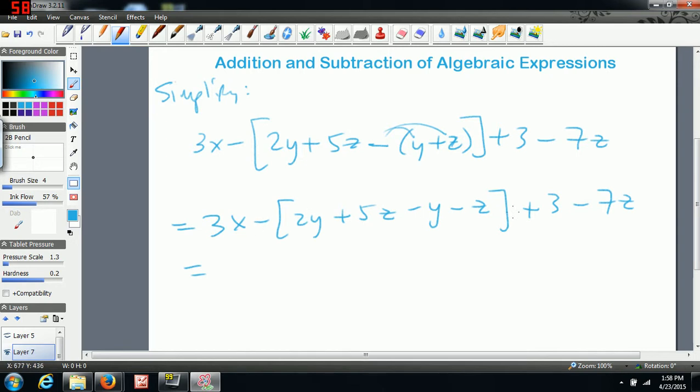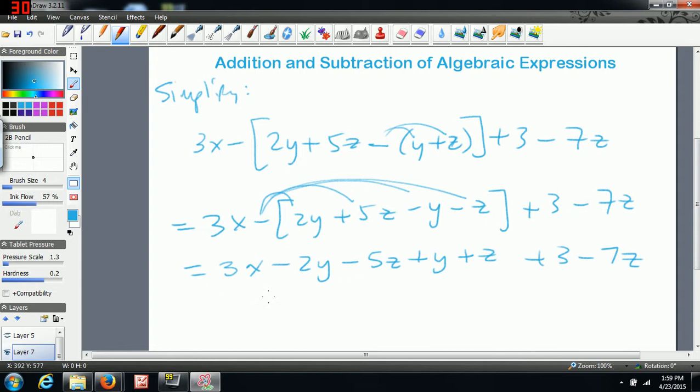If this were a positive, these would all be written in the exact same way, but because it's a negative, it's going to change the signs of everything inside of the bracket it applies to. So it's going to be 3x minus 2y minus 5z plus y plus z, and then plus 3 minus 7z.